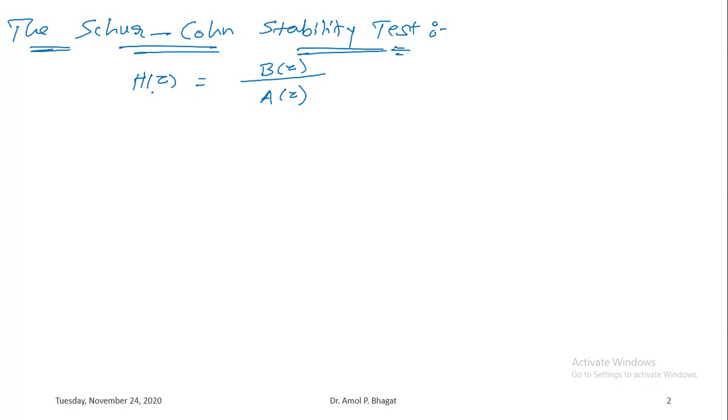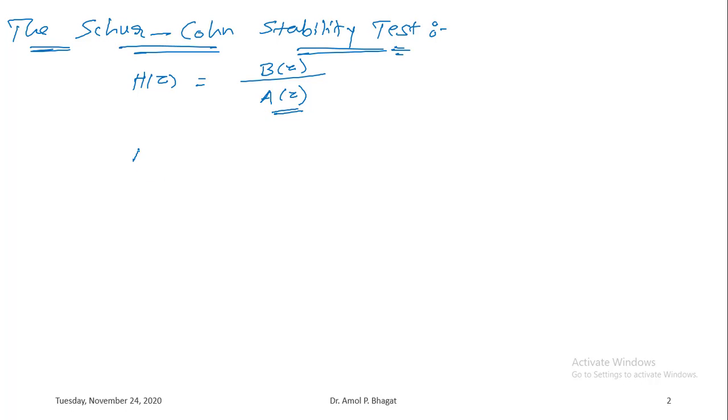So for identifying whether the given system is stable or unstable, we'll be identifying the poles of this system. So the poles of the system are nothing but the roots of this denominator polynomial a of z, right?